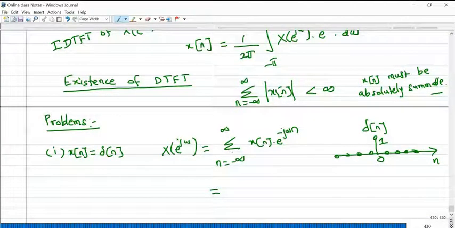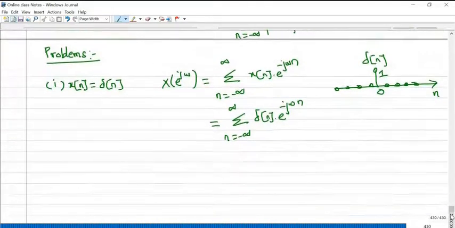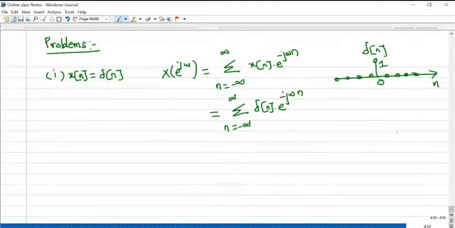So the summation is not valid because at n equal to 0 only the signal information is available. So for n from minus infinity to infinity, x of n is replaced by del of n e power minus j omega n. So del of n is valid at n equal to 0 only.